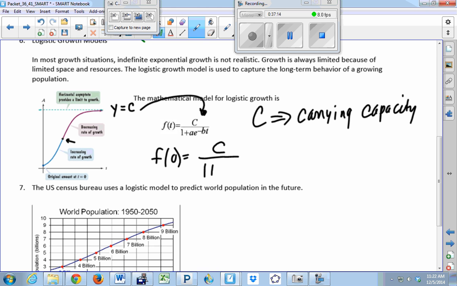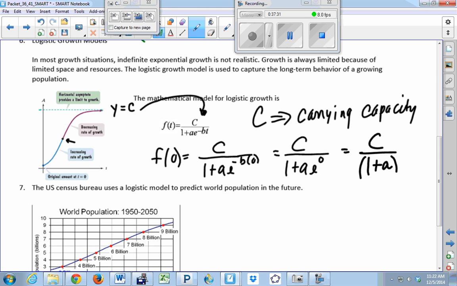It's c over 1 plus a times e to the minus b times 0, which is c over 1 plus a times e to the 0. And what's e to the 0 equal? 1. So you can find the initial population size by just dividing these two numbers.